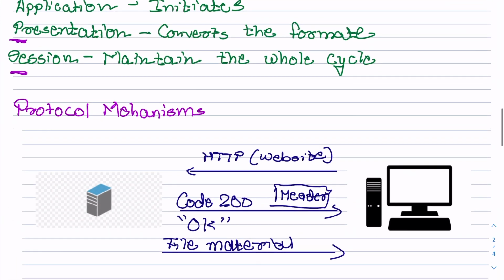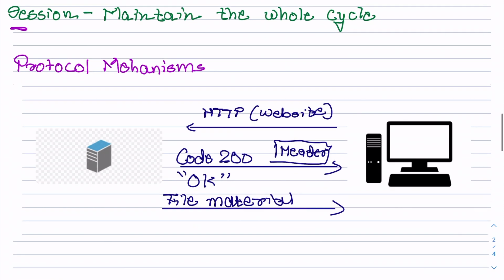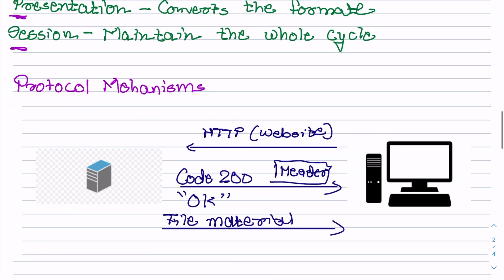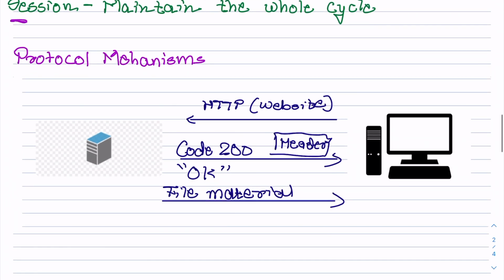Now let's go to the protocol mechanism, how the HTTP protocol works here. It's the same example. Whenever you type http://abcd.com, the HTTP is a request. It is a bunch of rules and logical data that the server understands as the computer asking for this thing.